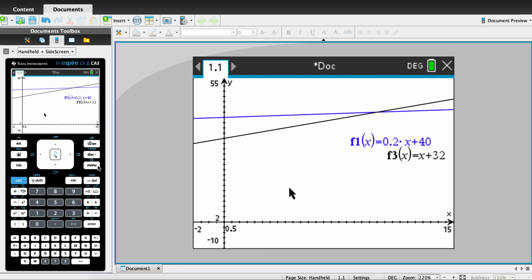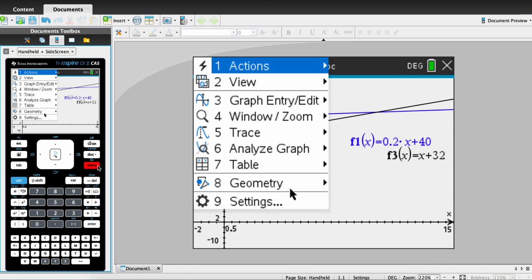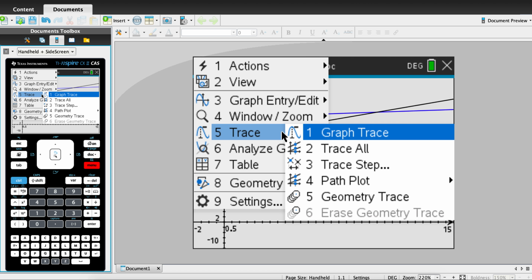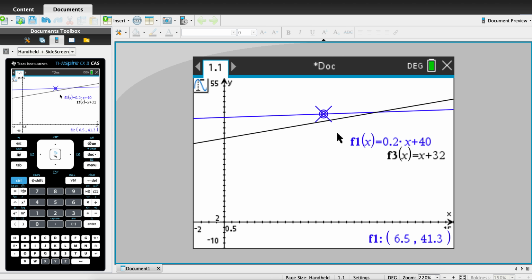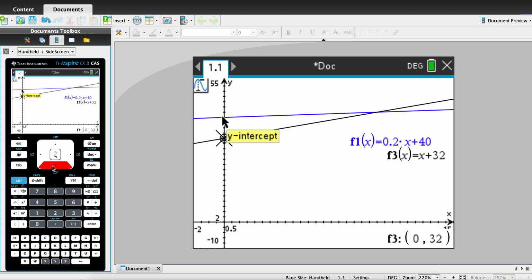Okay, so in terms of the y-intercept, well, I know that it's 40 and 32. I can see that from the graph. But if I use graph trace anyway, and I don't really want to scroll, so if I press 0, you'll see it takes me to this one, 0, 40. And then if I click the down arrow, it'll take me to the other one, which is 0, 32.